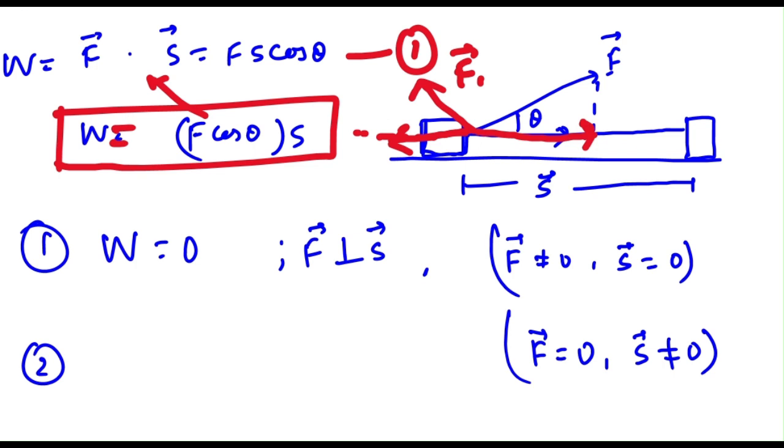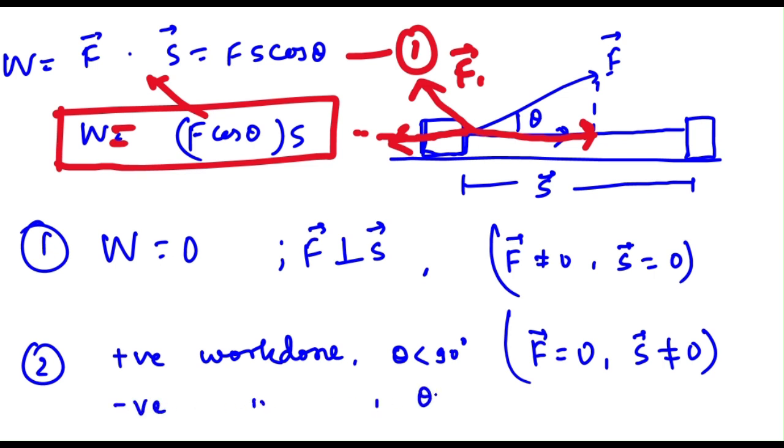So in the first case, where the component of force is along the direction of the displacement vector, we say positive work done. That is, theta should be less than 90 degrees. And then we have negative work done when theta is greater than 90 degrees and we are moving up to 180 degrees, so less than or equal to 180 degrees.